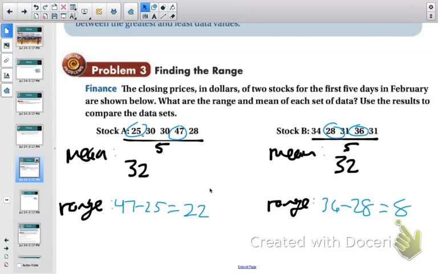However, the range in stock A is much greater than the range in stock B. So we can say stock B is more consistent than stock A. They both have the same average, but stock A ranges low to high more than stock B does. So it has a higher range. So it's dispersed, it's more spread out.